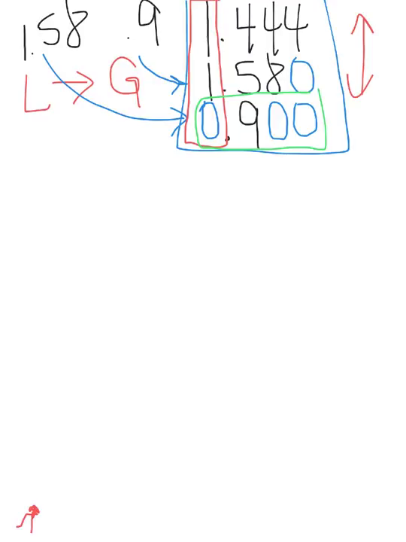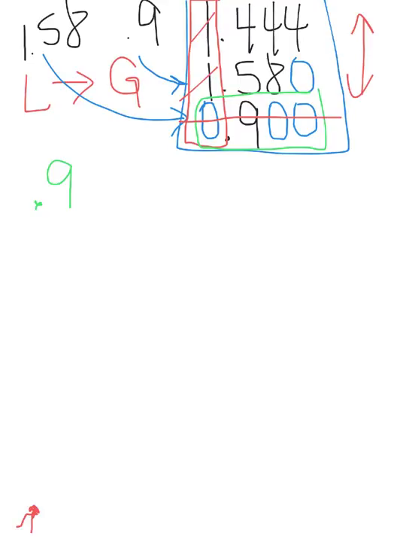It's my smallest. So I'm going to go down here and I'm going to put 0.9. And then I can cross out this one because now I know that's my smallest one. I'm done with that one. And we've used that and we've used that. So now we can go to the next place value. So now we're going to our tenths place.